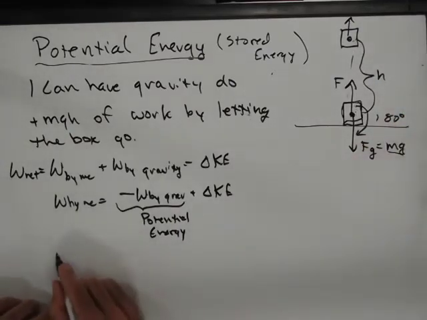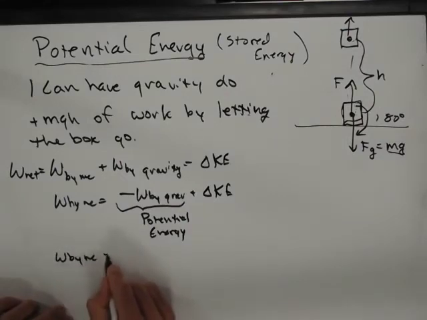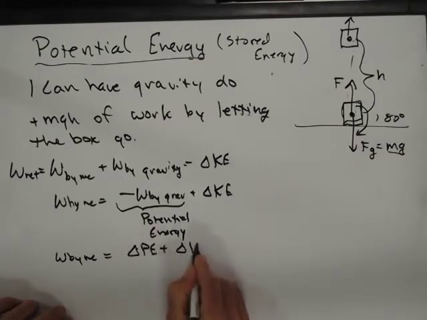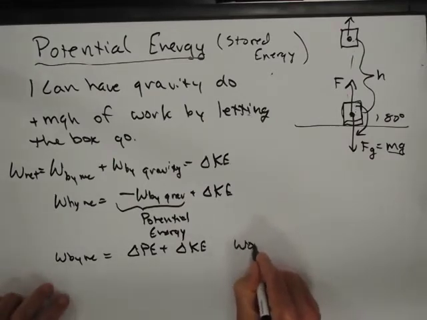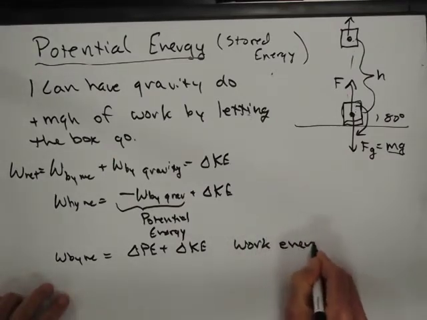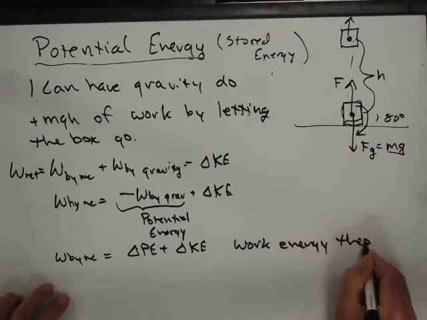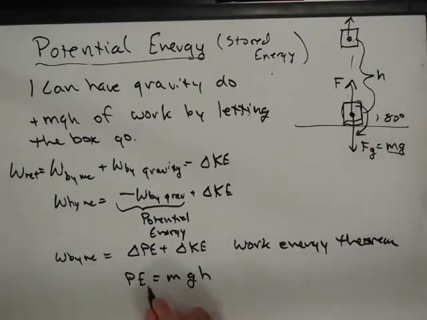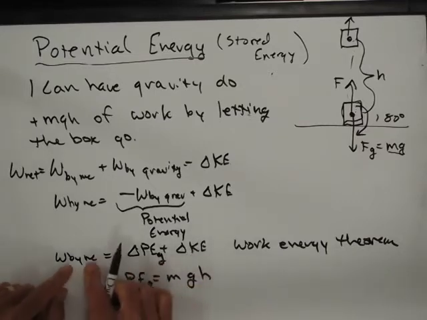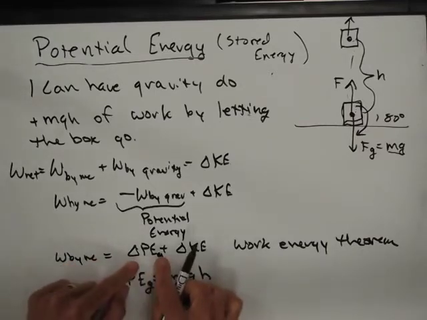And so we say where the potential energy due to gravity is mass times gravity times height. Again, it was minus mgh on this side. That makes it plus mgh on this side.